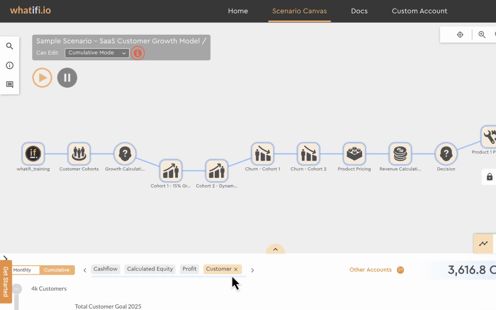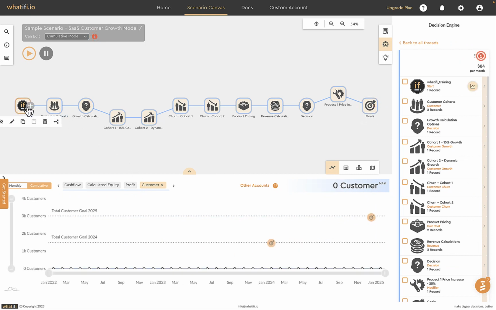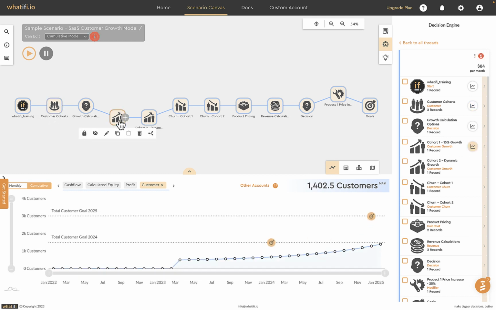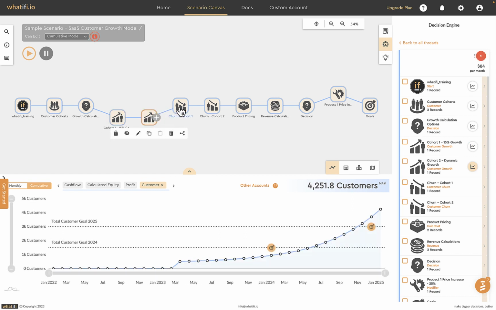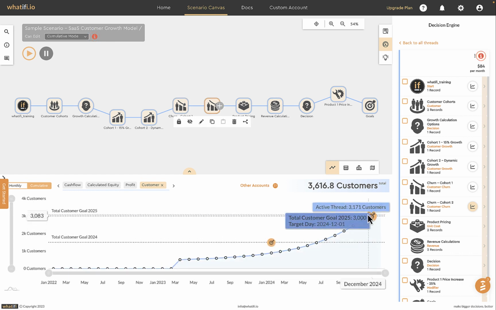And again, we're looking at customers right now, cumulatively, and we can step through the model one event at a time. So right now we have no customers. Then we have our initial customers that we established in that first event. Then we have the growth, 15% for cohort 1. We have the dynamic growth for cohort 2. Then we have churn. We have additional churn. And we can see how our customer counts change over time.